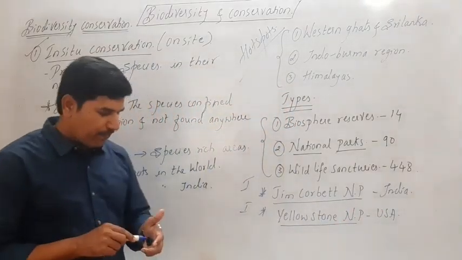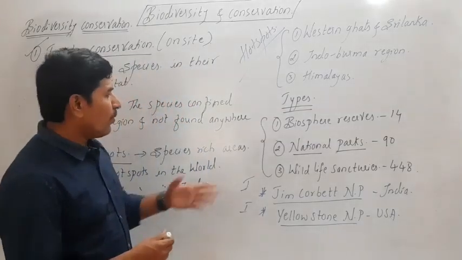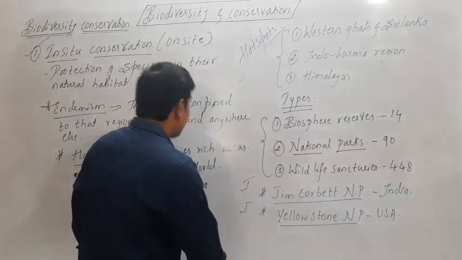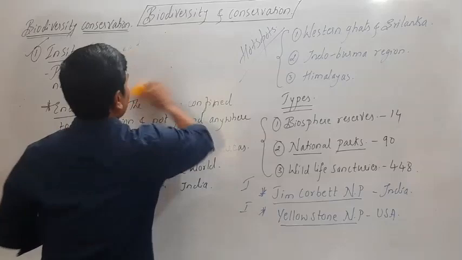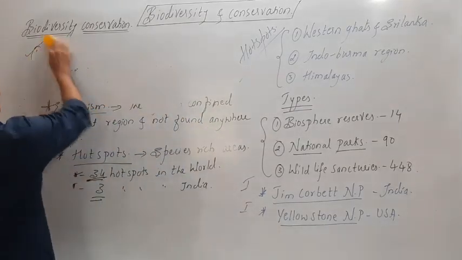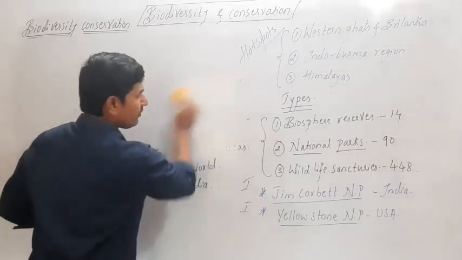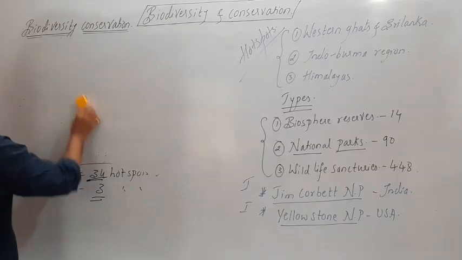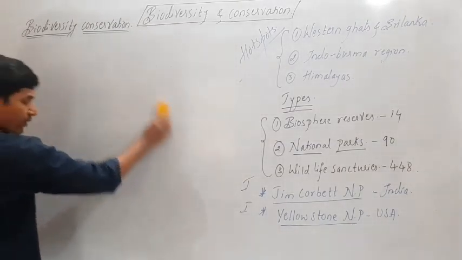Okay, now if we look at these national parks, we make certain zones. In these national parks, we can easily make zones. Like the central part of the national park, we call the core zone. Then the outer parts are the transition as well as the buffer zones.